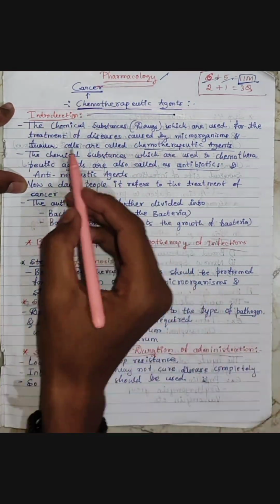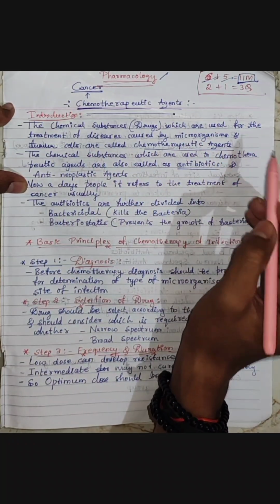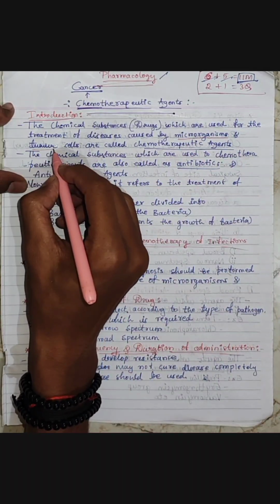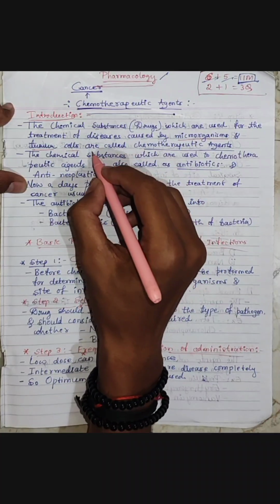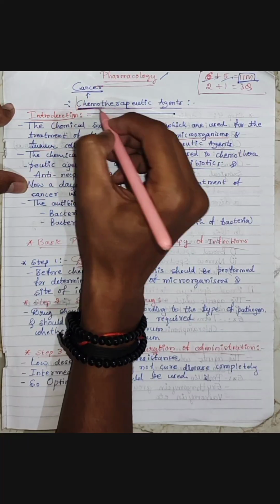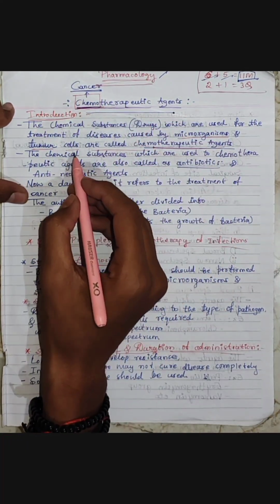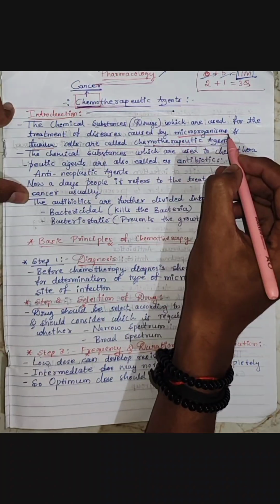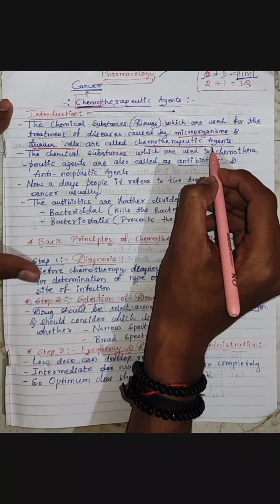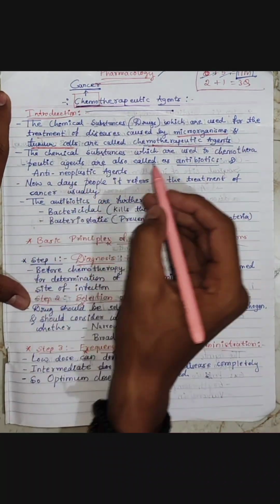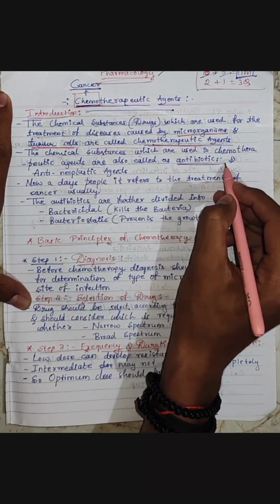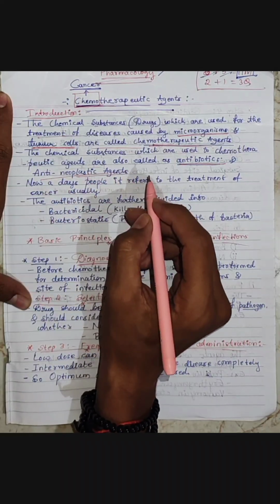Chemotherapy. The chemical substances which are used for the treatment of the diseases caused by microorganisms and tumor cells are called chemotherapeutic agents. Generally, chemo means cancer. The chemicals used as chemotherapeutic agents are also called antibiotics and antineoplastic agents.